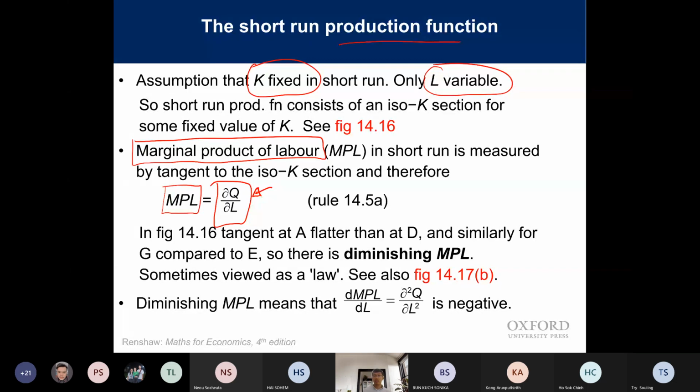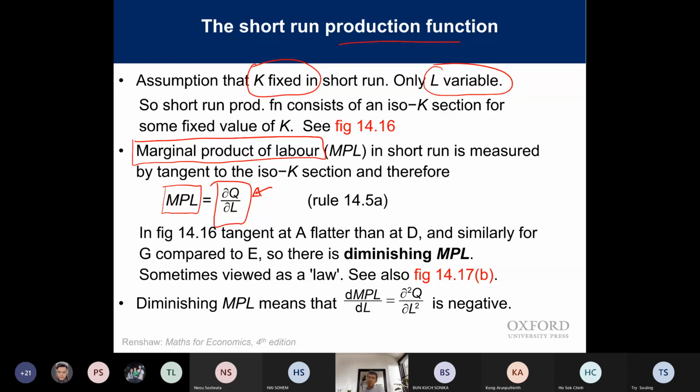While the other inputs remain constant, while the capital remains the same. Sometimes we want to know, what if I recruit one more person? What should be the increase in the production?